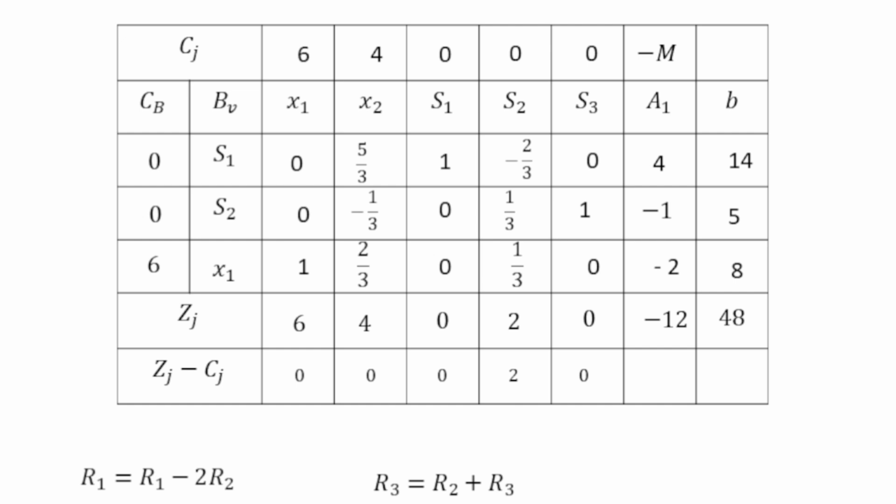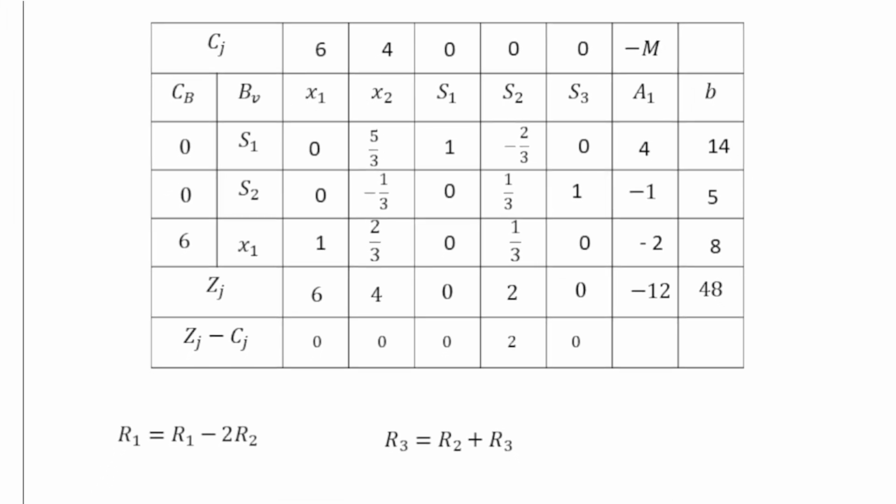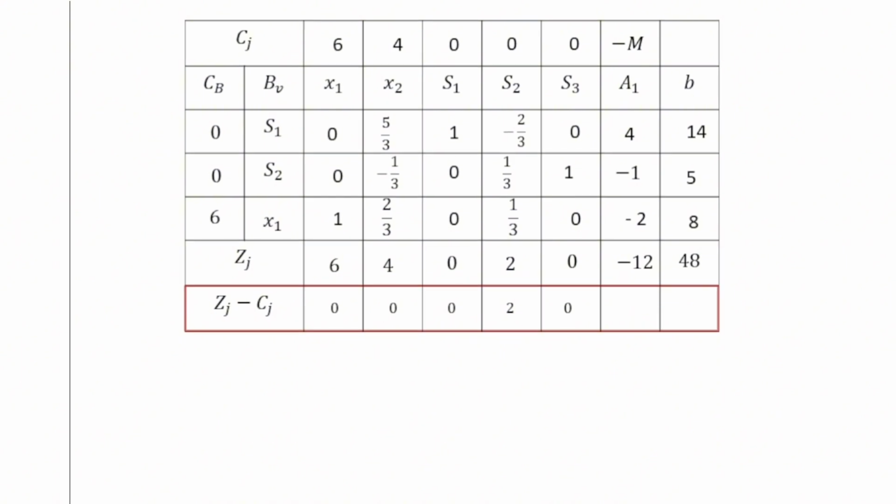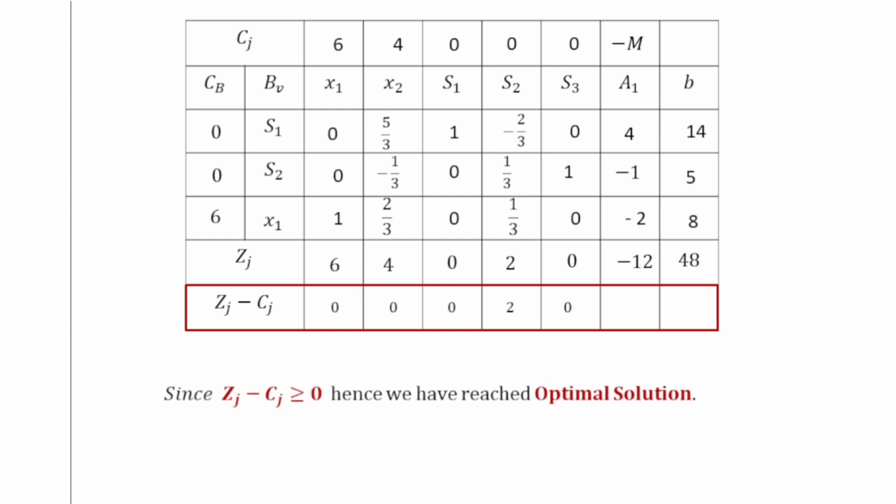All positive numbers, which means that since my Zj minus Cj are now all positive, and I'm dealing with a maximization problem, I haven't exchanged the normal Cj and Zj, then I can say that we have reached an optimal solution. Now, because we've reached an optimal solution, we can bring out our values, right?